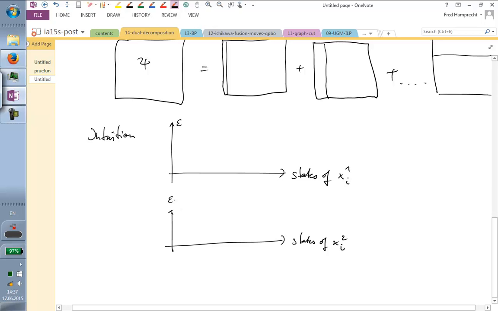So let's say that in its replica, these are the energies which I find for the different states of this random variable.